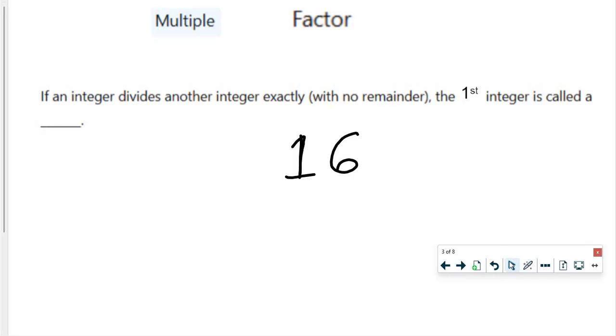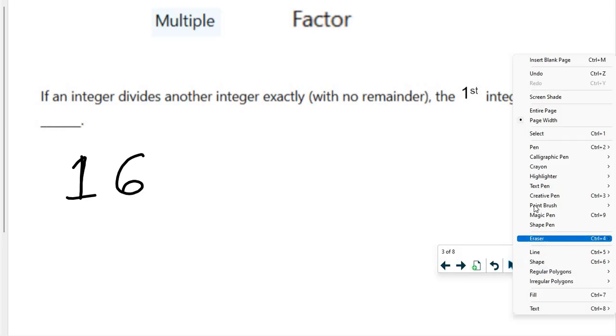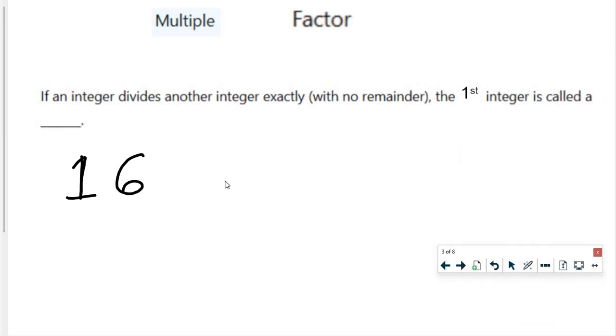16, this 16 here. Now, let us say this 16 is getting divided by another number, say 2.